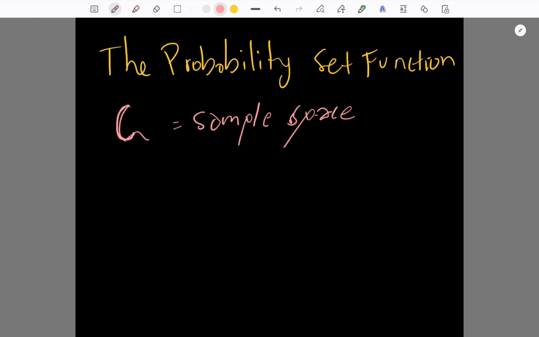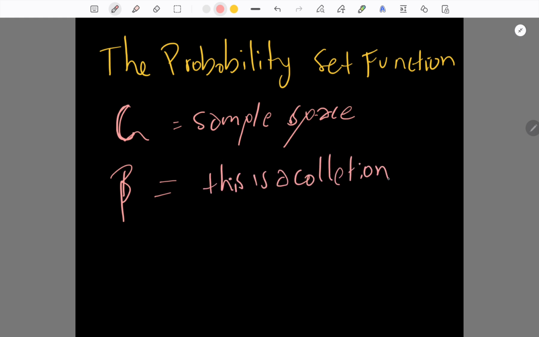This collection of events is denoted by that letter, like a beta. Beta is a collection of events.